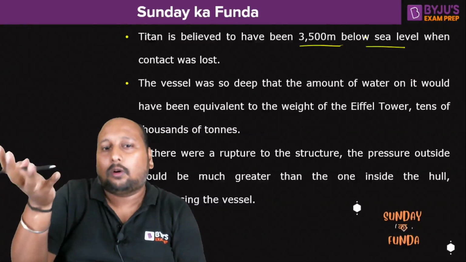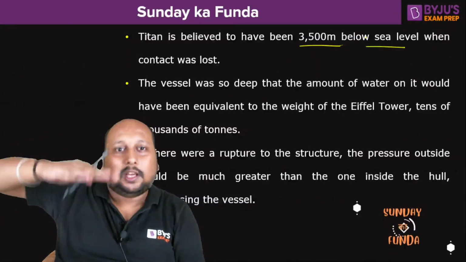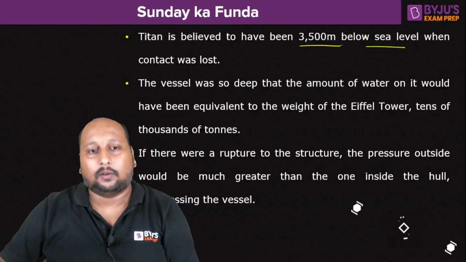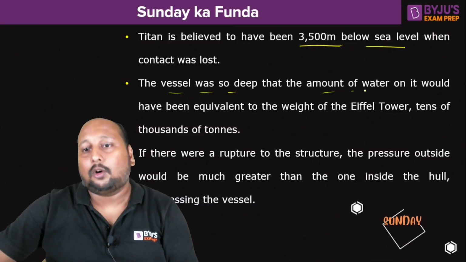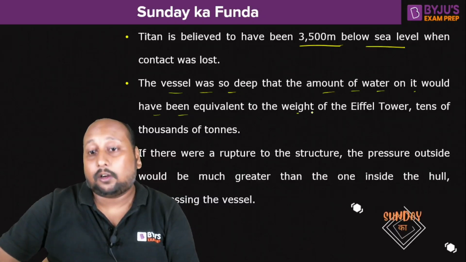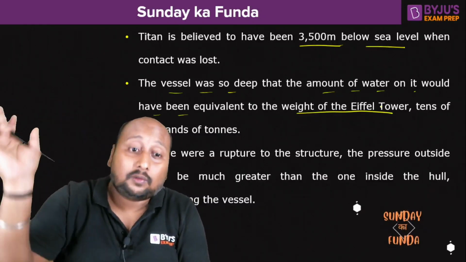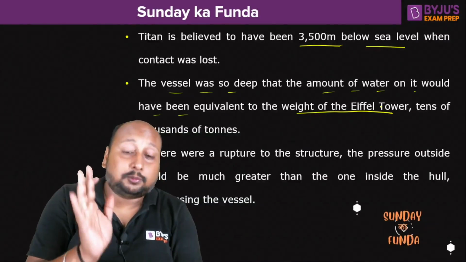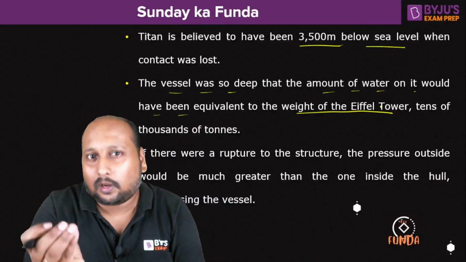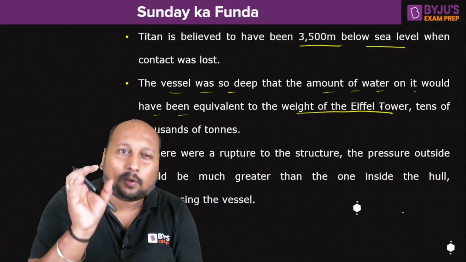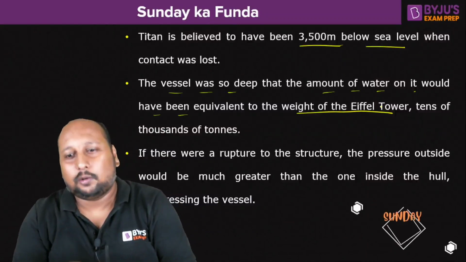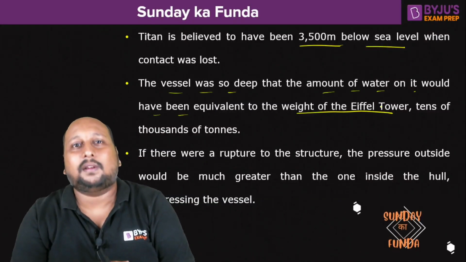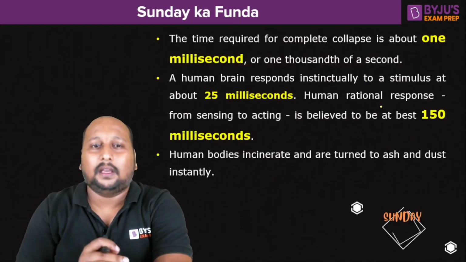The vessel was so deep that the amount of water on it would be equivalent to the weight of the Eiffel Tower, which is basically tens of thousands of tons. And if some small rupture happens, there will be a huge contraction in the volume, and that is the prime reason for Titan turning into debris.